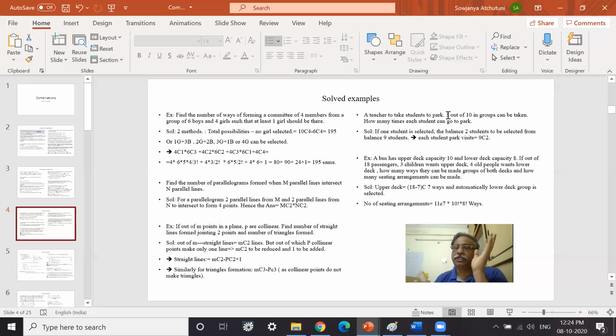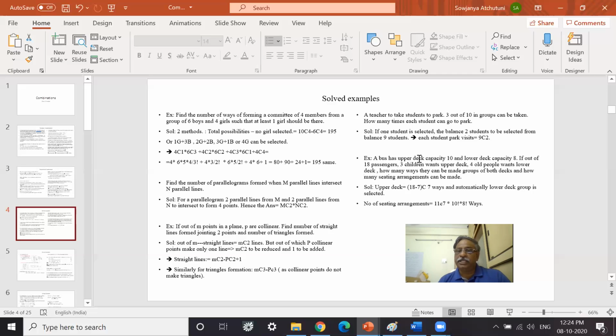So 9C2, the other 2 can be selected from the other 9, and this person is also included in the list. So 9C2. Or if we ask how many ways each student cannot go to the park, it is 9C3 ways. When one is removed from the list, 10 becomes 9. So each student can visit in 9C2 ways.